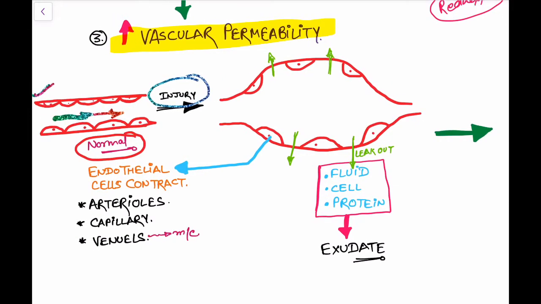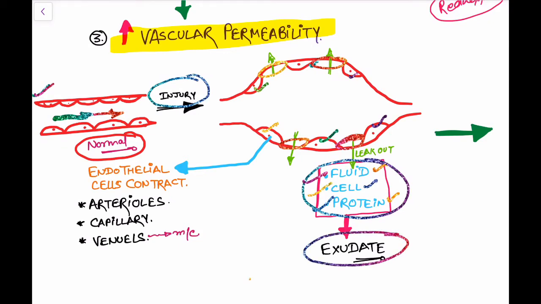Due to this, endothelial cells are going to contract and their size becomes small. So much more space is present between these endothelial cells, and any kind of fluid, cell or protein can easily escape out from the blood vessel lumen. This combination of fluid, cells and protein is called exudate, and it will cause swelling or edema.